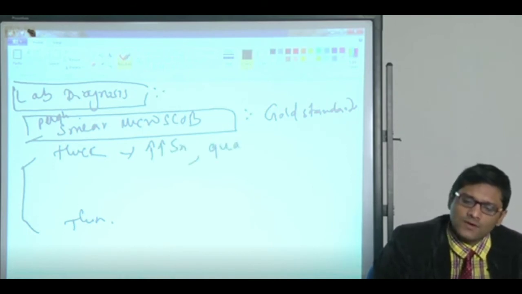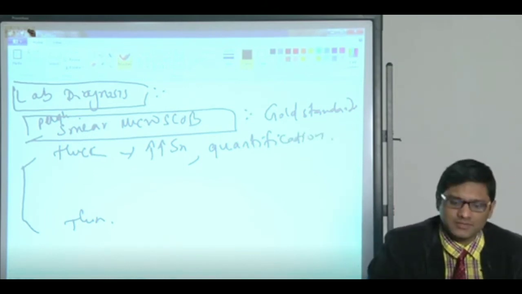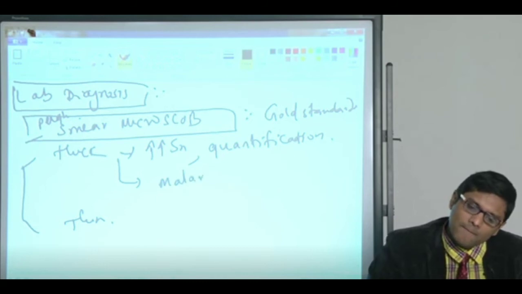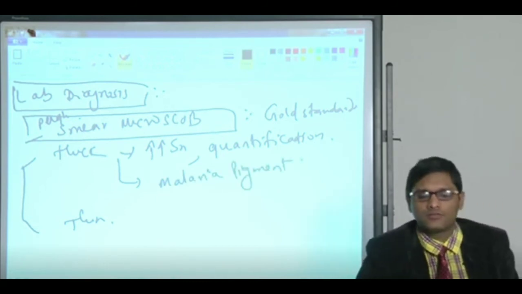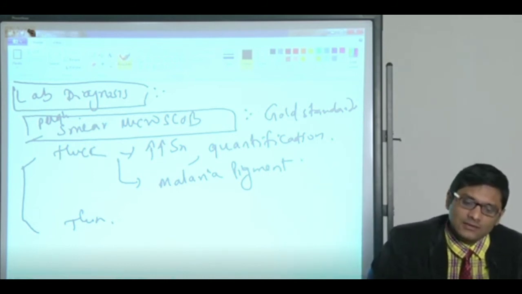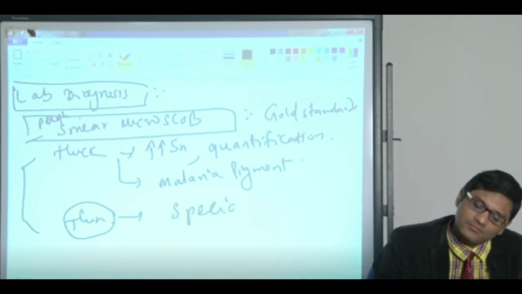It is also used for quantification. For quantification, thick smear is the best method. It is also used to demonstrate malaria pigments. Whereas the only advantage of thin smear is that it is used for speciation.